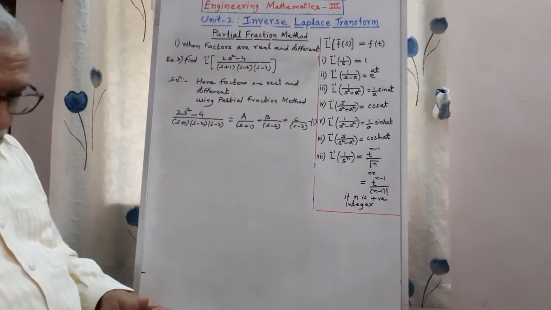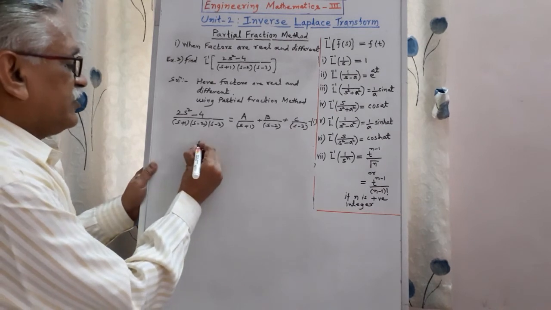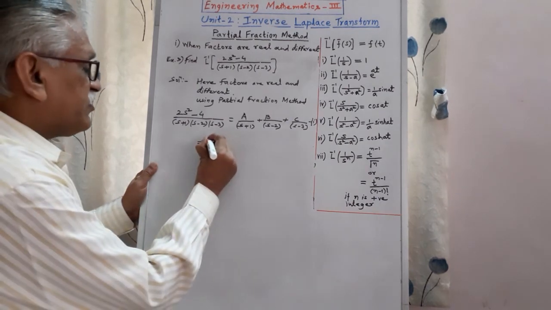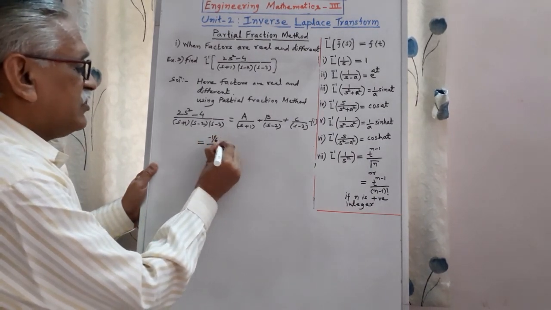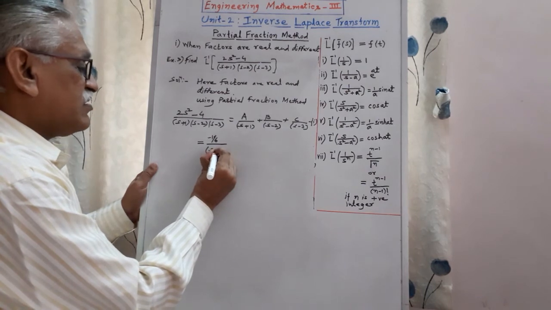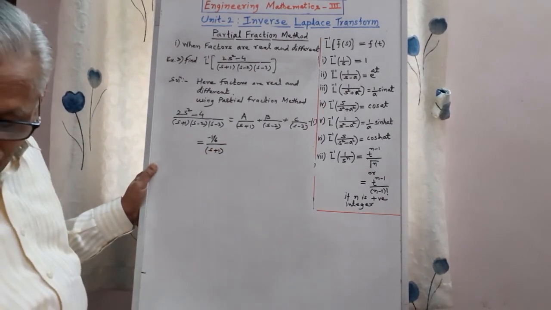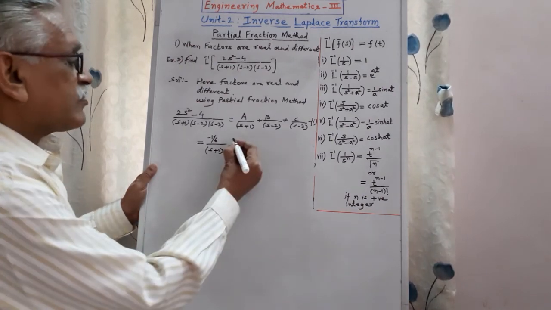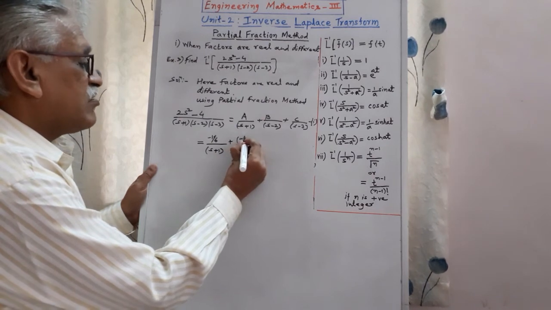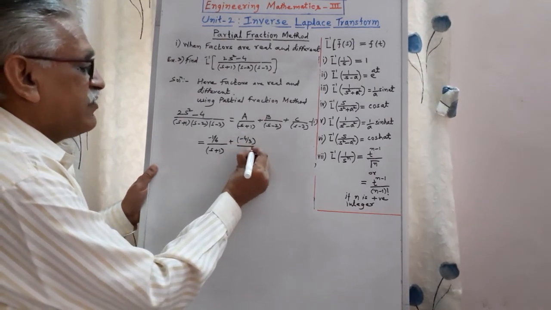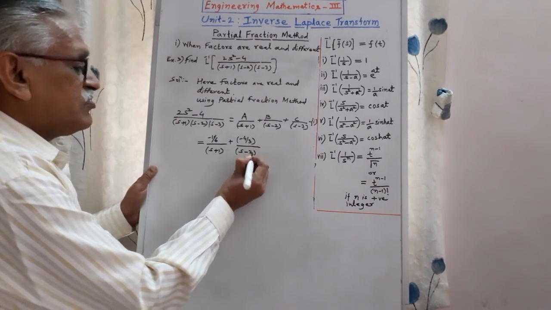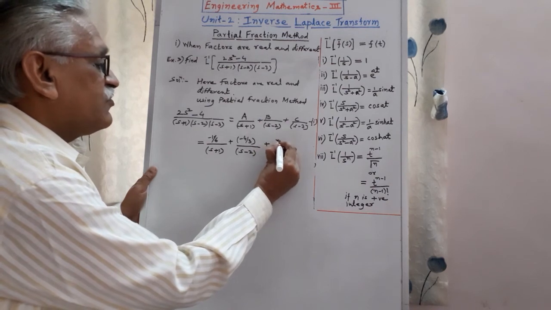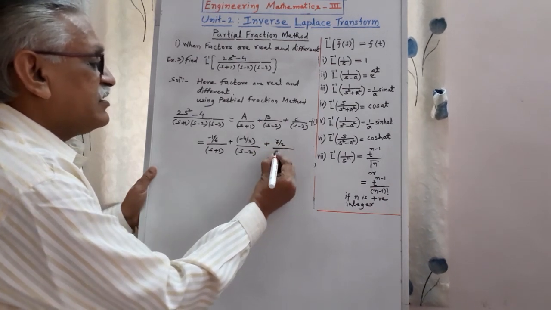Equation 1 becomes: the value of A is minus 1 by 6 divided by s plus 1, the value of B is minus 4 by 3 divided by s minus 2, and the value of C is 7 by 2, therefore 7 by 2 divided by s minus 3.